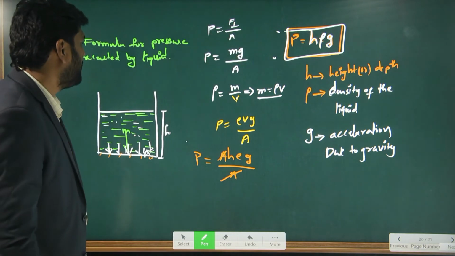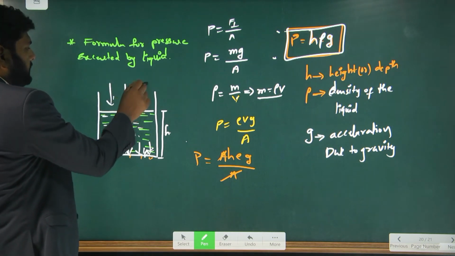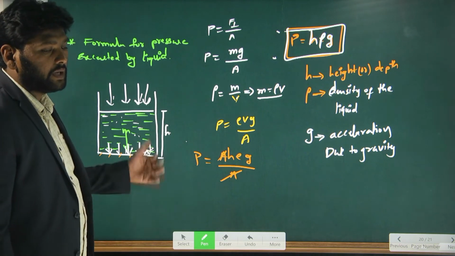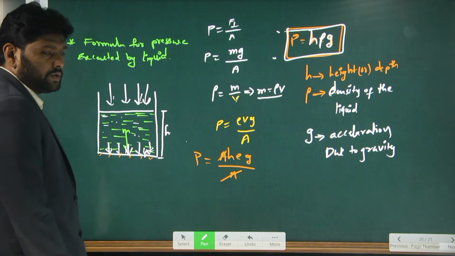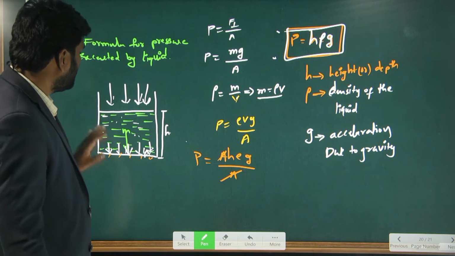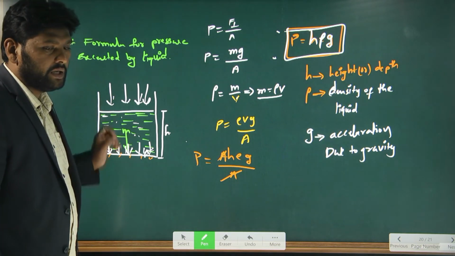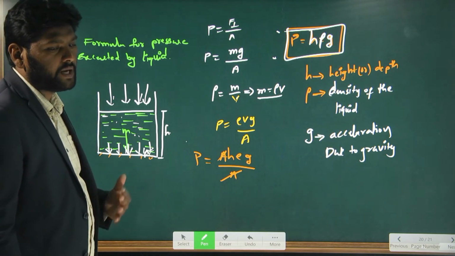But if you observe, the outside atmosphere is also present, and the atmosphere also contributes some pressure on the bottom surface area. So what is the conclusion? The pressure exerted on the bottom of the container is not only by the liquid, it is also exerted by the atmosphere.